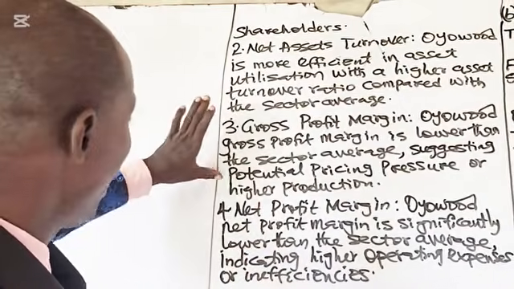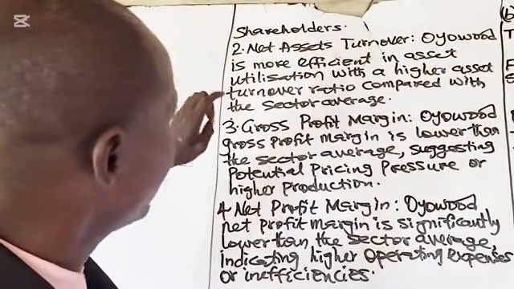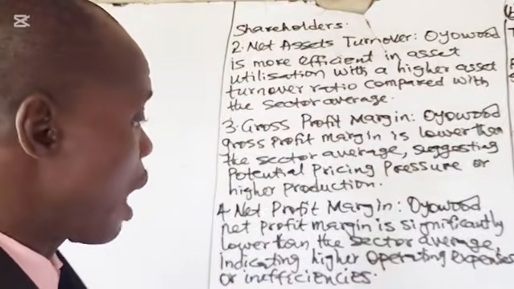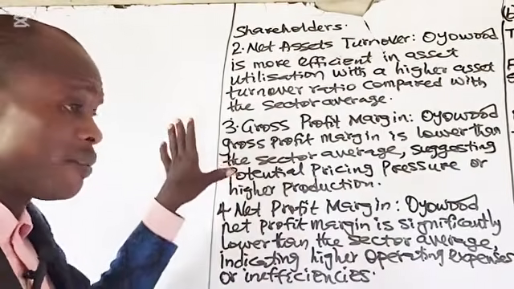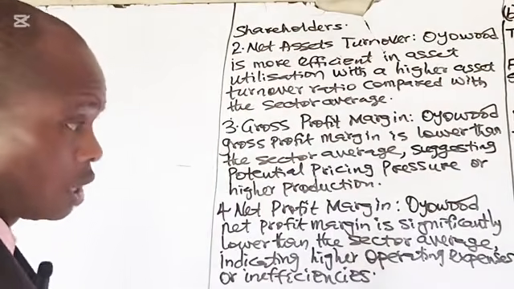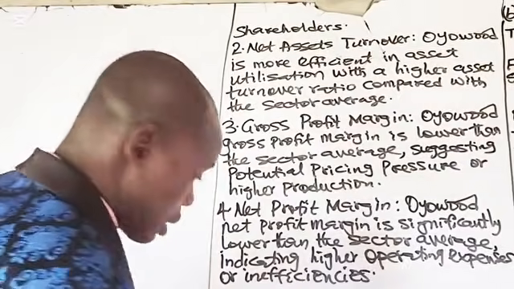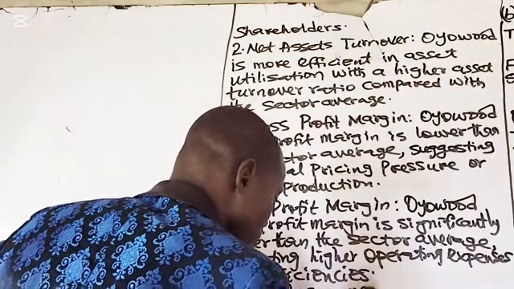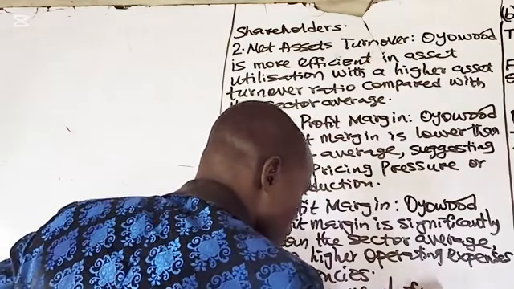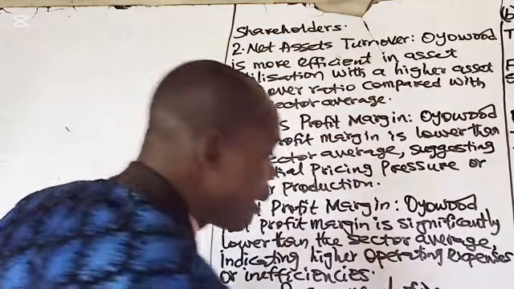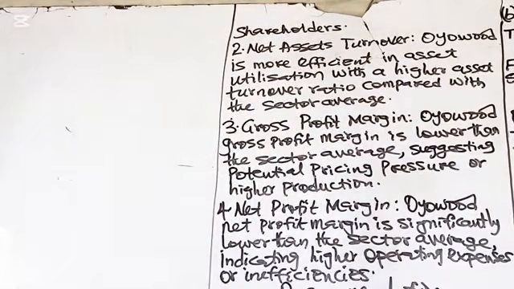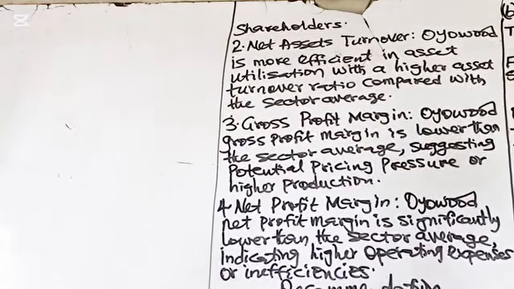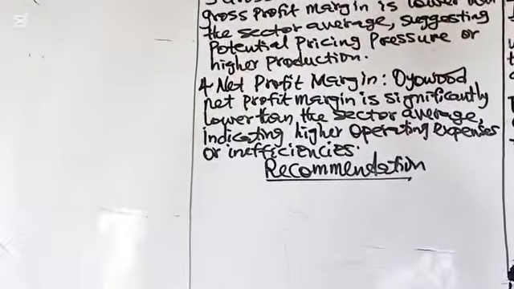Now we've written our view about the 4 computed ratios. Then what could be our recommendation? You have to align your recommendation with your write-up.